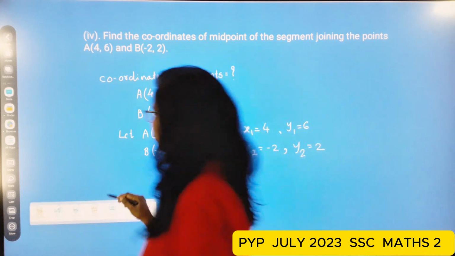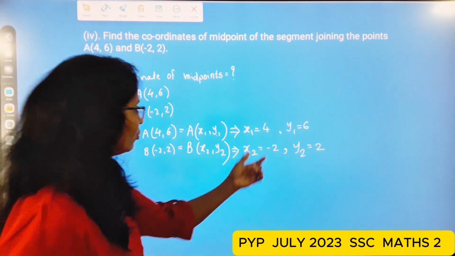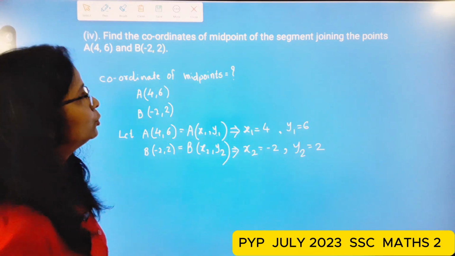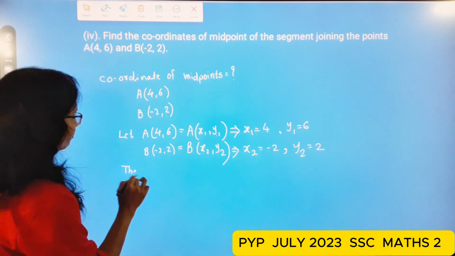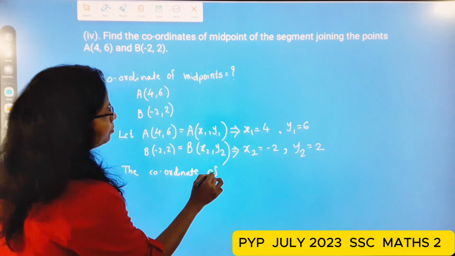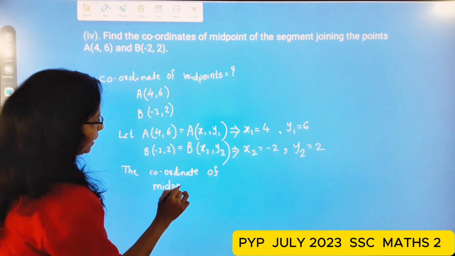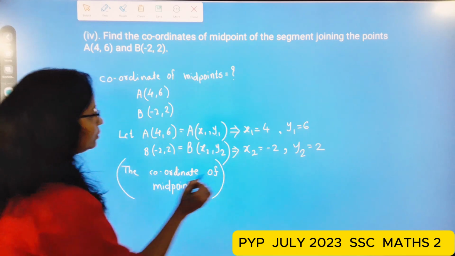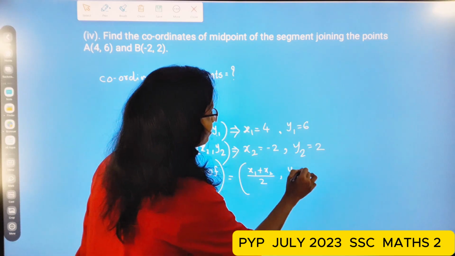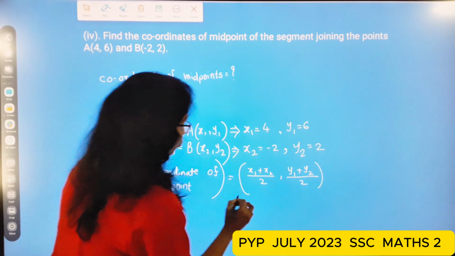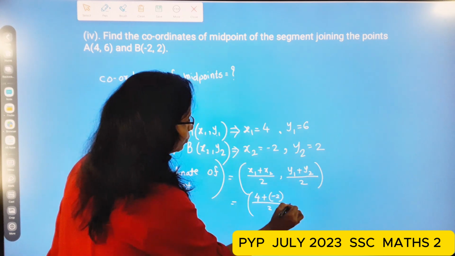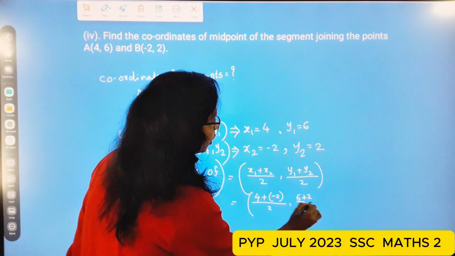Now we have the values of the coordinates (x1, y1) and (x2, y2). The formula for the coordinates of the midpoint is (x1 plus x2) upon 2, comma (y1 plus y2) upon 2. So here, 4 plus (-2) upon 2, and 6 plus 2 upon 2.